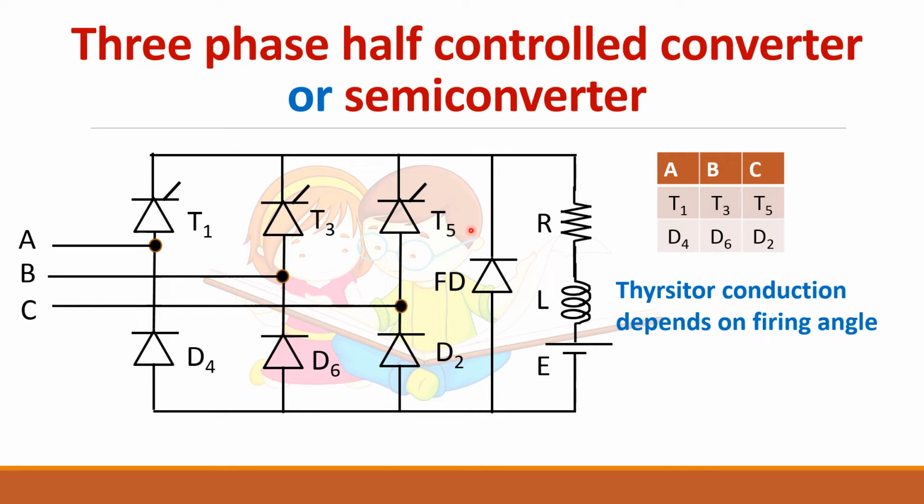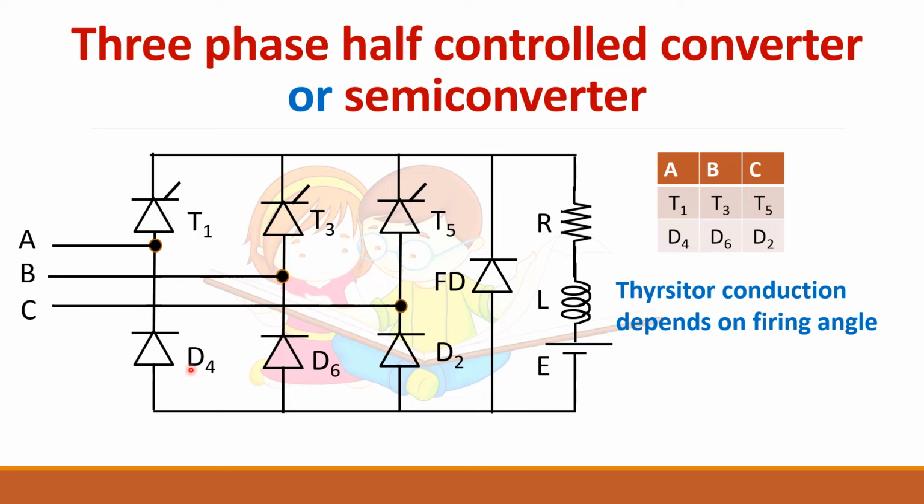As far as thyristors are concerned, when forward biased, you have to give the gate pulse. So it starts conduction only after giving the firing pulse, and it gets turned off by natural commutation. Whereas diodes will conduct on their own. Now we have to find which diode will conduct at what time.